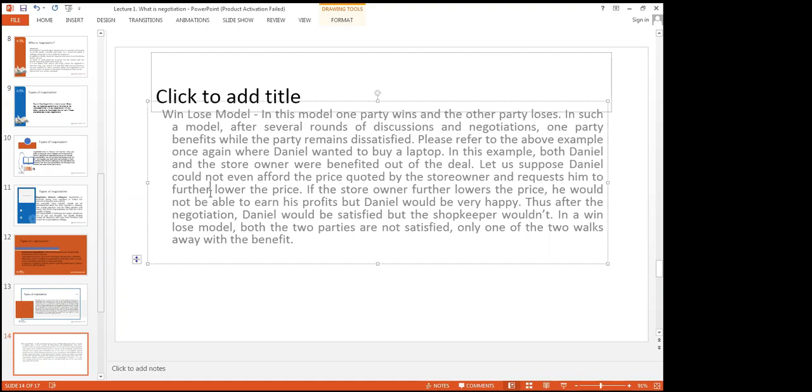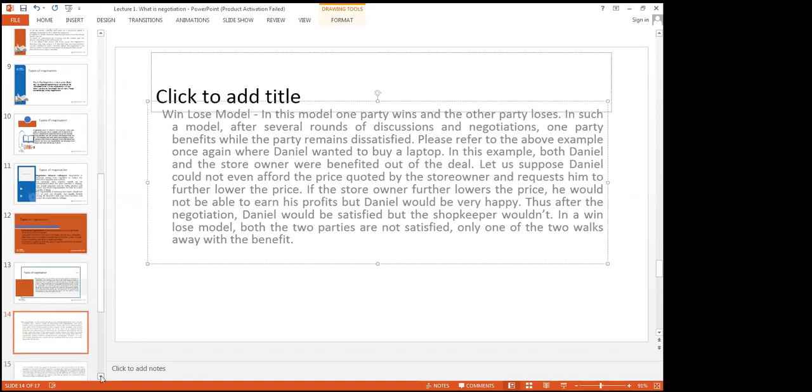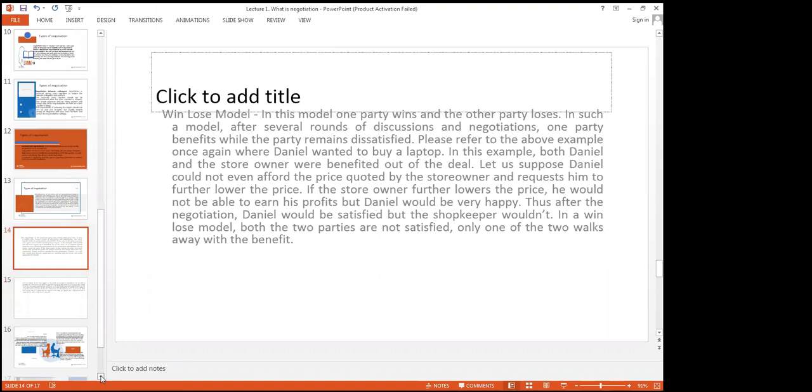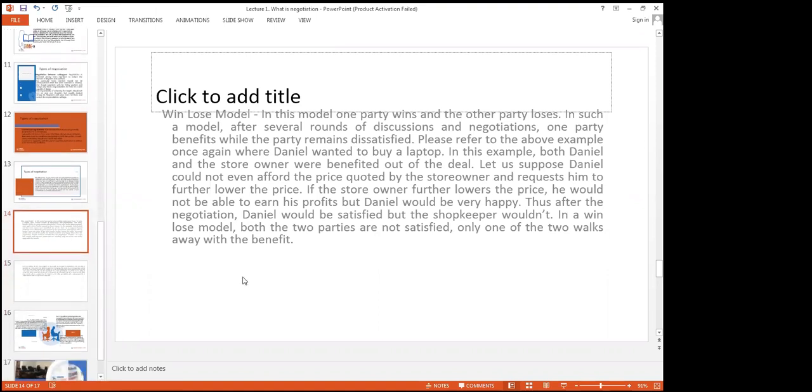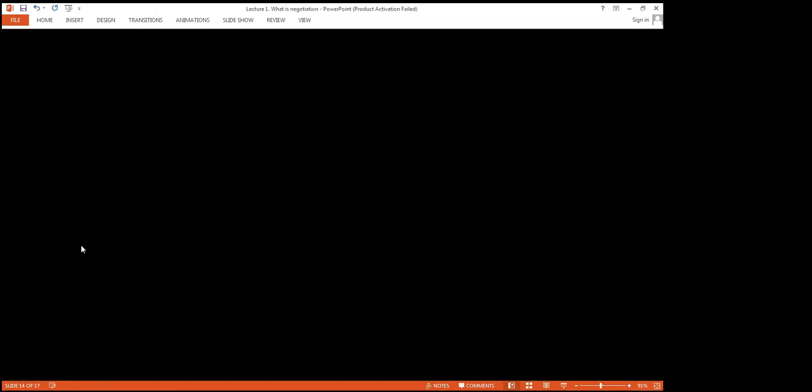One leaves the negotiating table a happy person, like Daniel, when the price was lowered to the satisfaction of the seller.